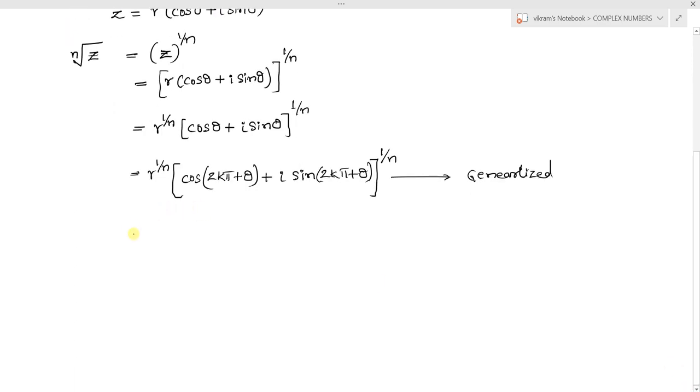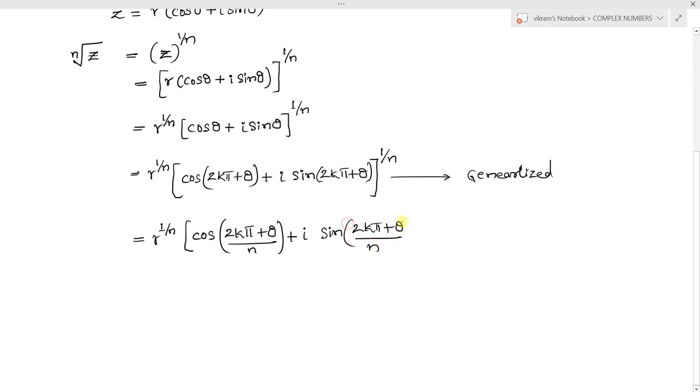Next, after generalizing the complex number, we apply De Moivre's theorem. Cos theta plus i sin theta whole power n can be written as cos n theta plus i sin n theta, where here n is equal to 1 by n. Then we can write this as cos of (2k pi plus theta) by n, plus i sin of (2k pi plus theta) by n.